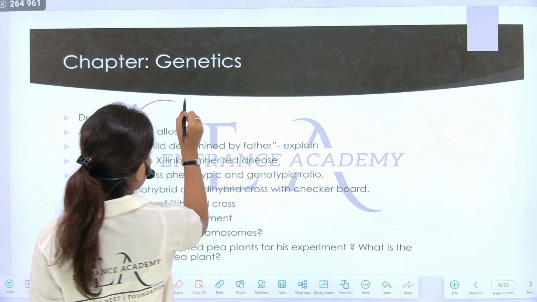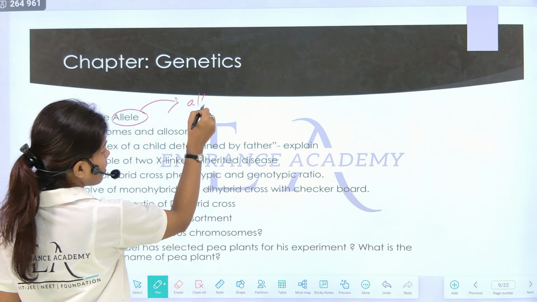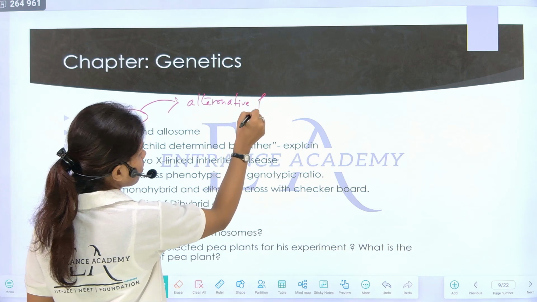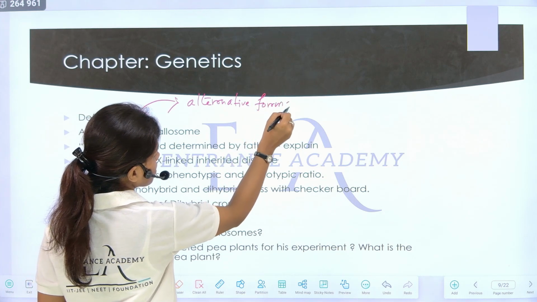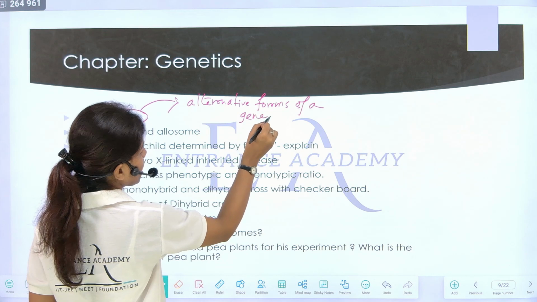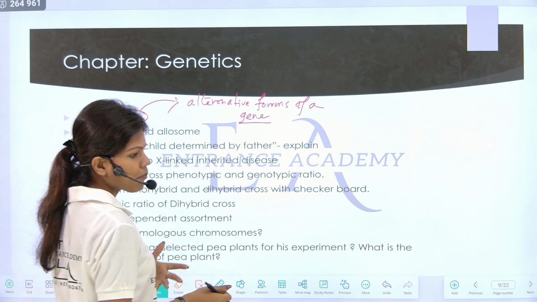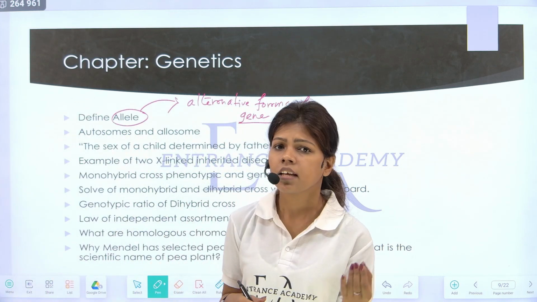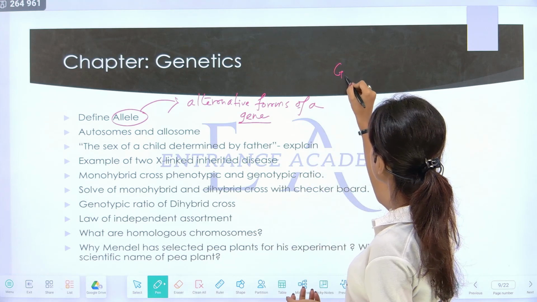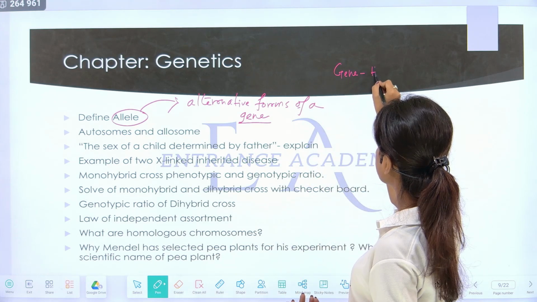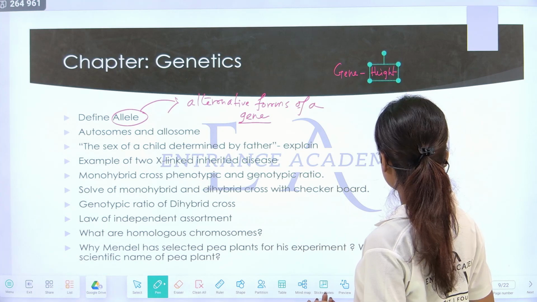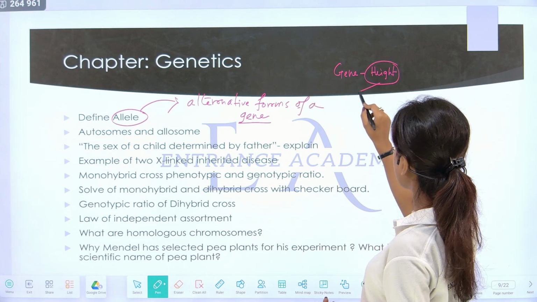Basically, alleles are the alternative forms of a gene. For example, I am taking one example like the gene of height. Height normally can be of two types.